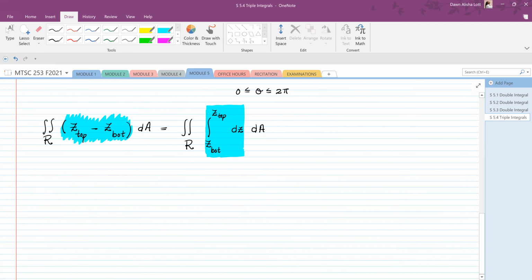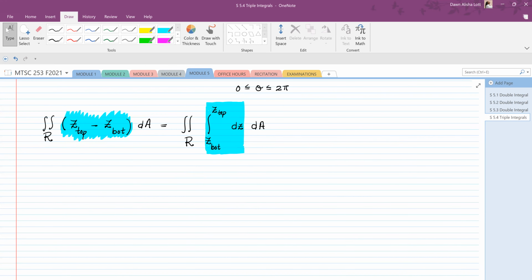So let's start with integrals over a rectangular region.